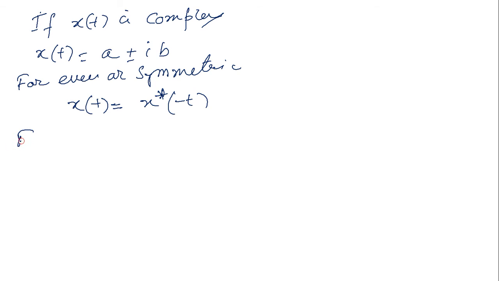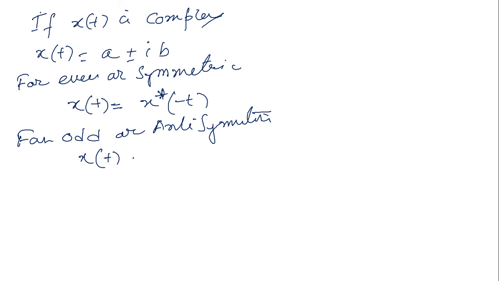And for odd or antisymmetric, x of t should equal minus the complex conjugate of x of minus t.